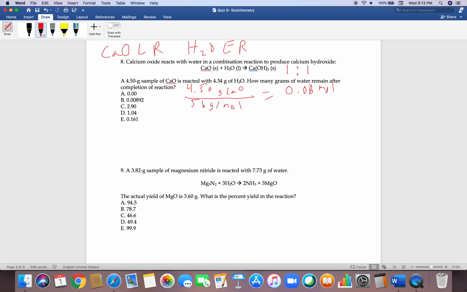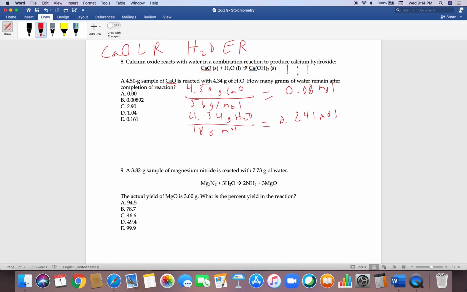And I have 4.34 grams of water. And we know water has a molar mass of 18 grams per mole. That's also an 18. So I get 0.241 moles. So like I predicted and knew, calcium oxide is the limiting reactant.